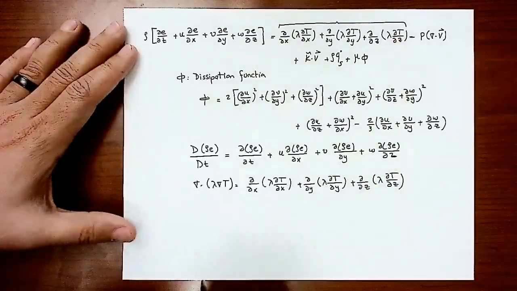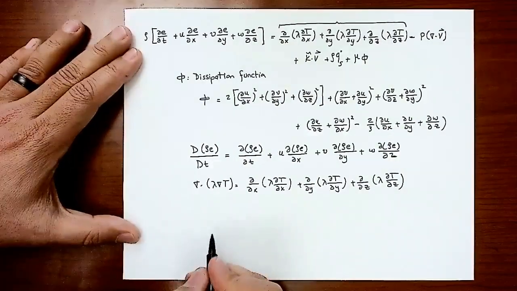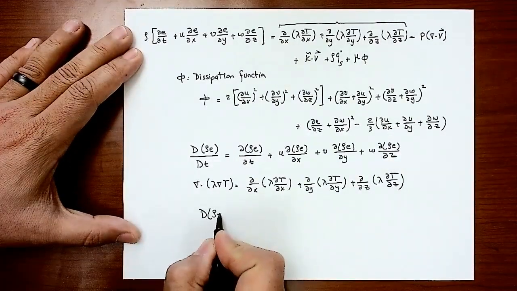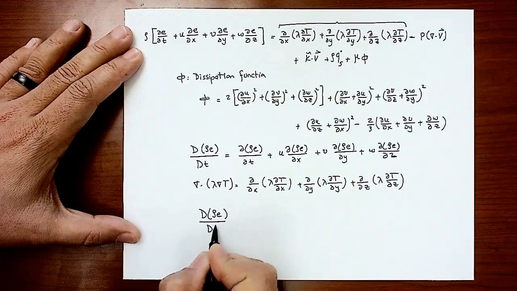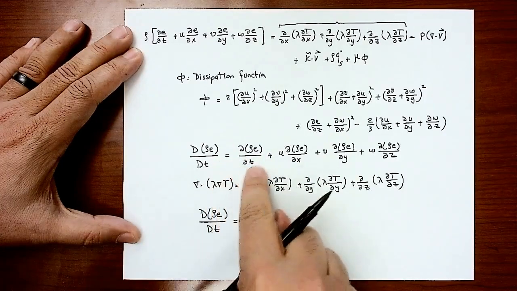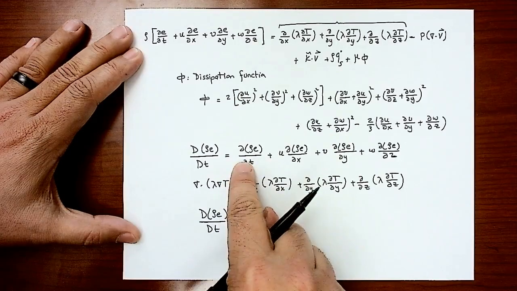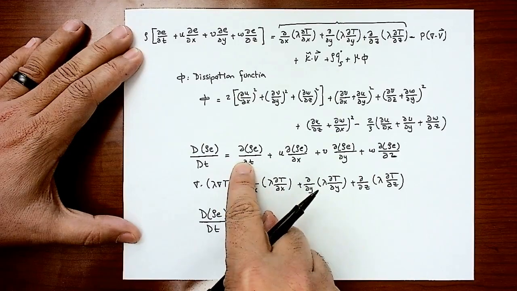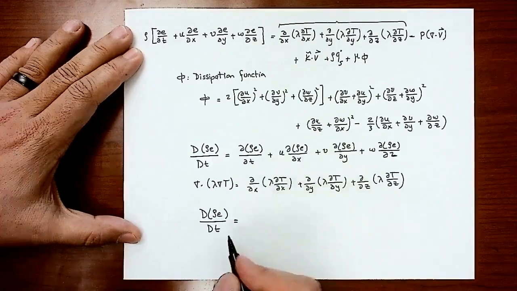Then that energy equation can be simply written as d rho E by dt, which is partial rho E by partial t, right?